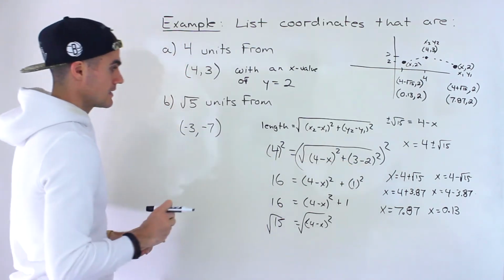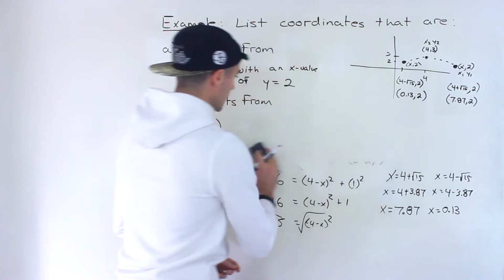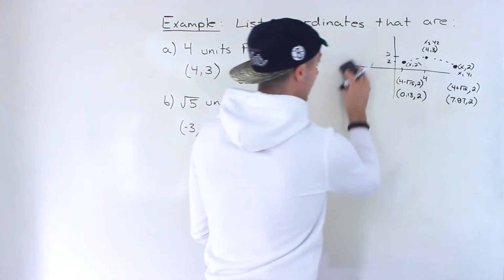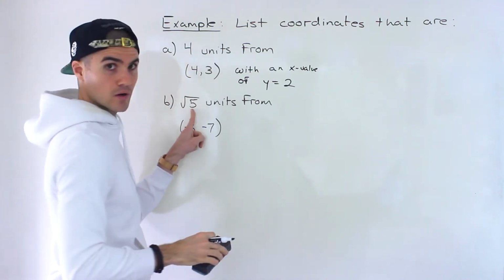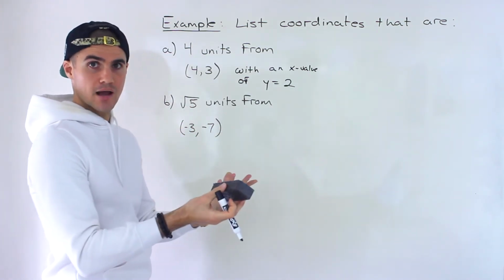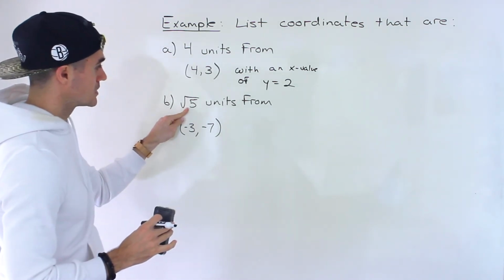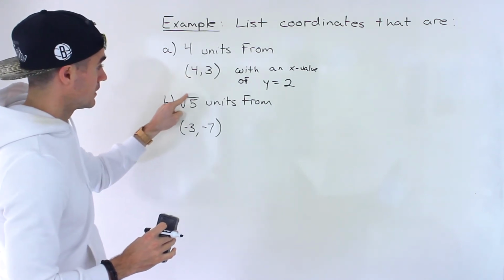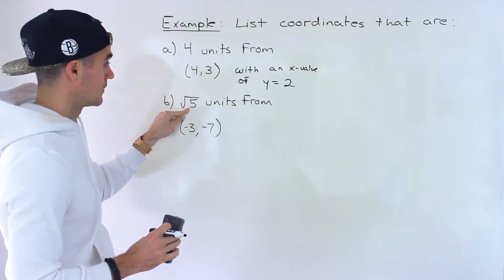Okay, so that is the process. Now, what about B? Exact same thing. It's just in this case, we're given a length that is a square root, which is possible because a lot of times the lengths that we get, as we've seen in previous questions, can be square roots, where it's not just going to be an integer, it's going to be an irrational number.